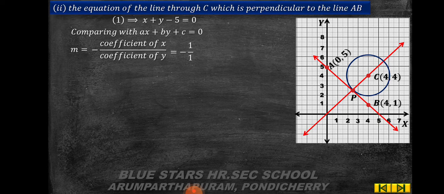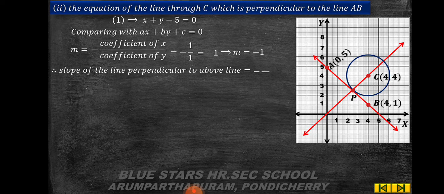The coefficient of both x and y is 1. So minus 1 divided by 1, which is equal to minus 1. Now the slope m is equal to minus 1. Since the slope of the line perpendicular to the above line is obviously minus 1 by m, which is minus 1 divided by minus 1, we get the slope of the perpendicular line is 1.